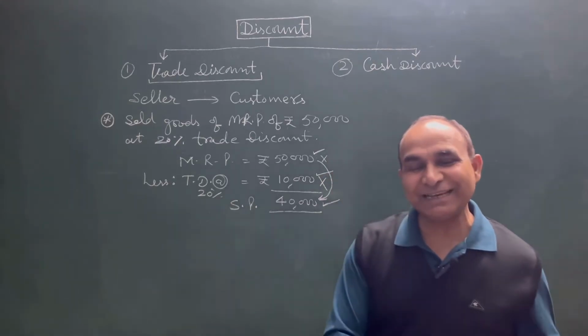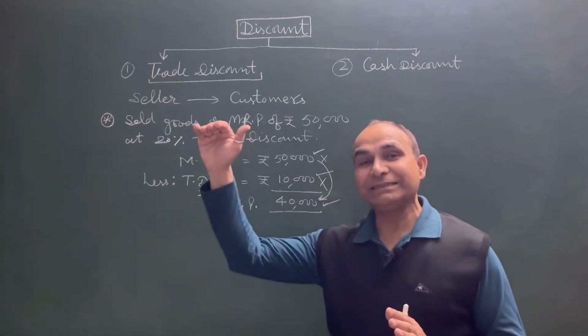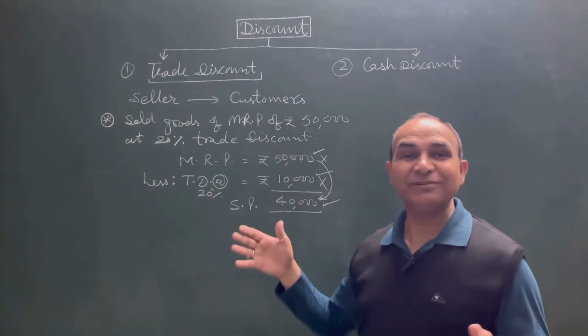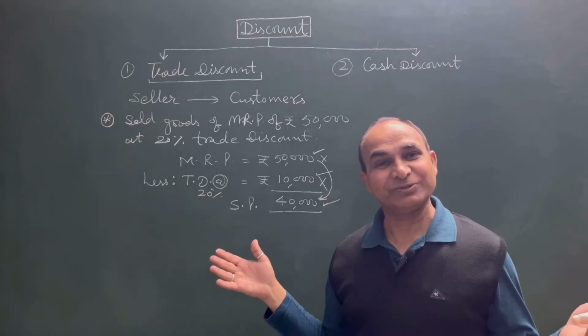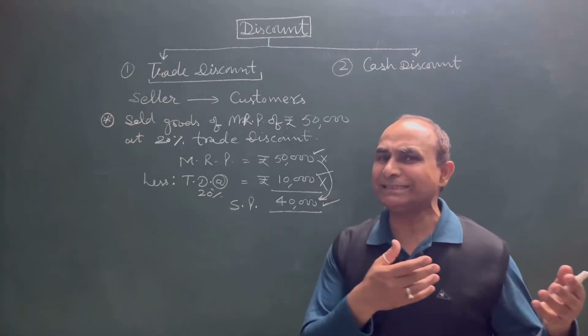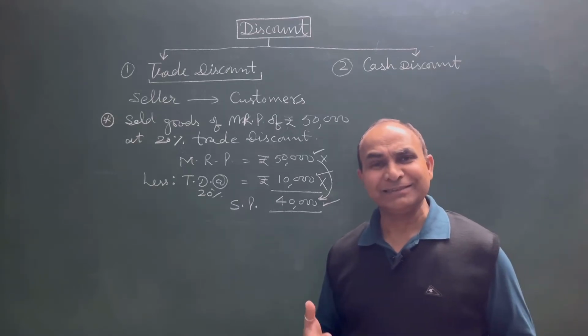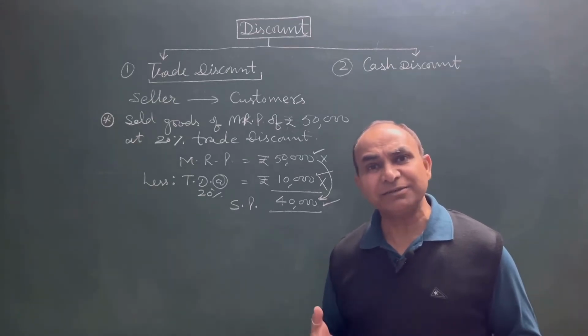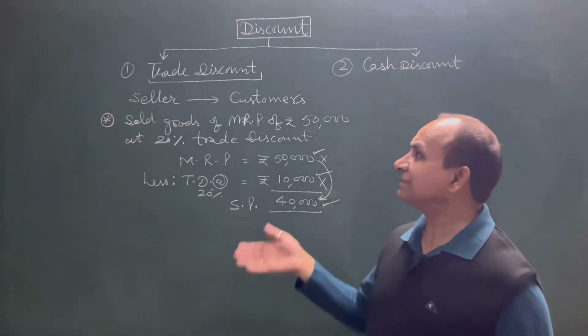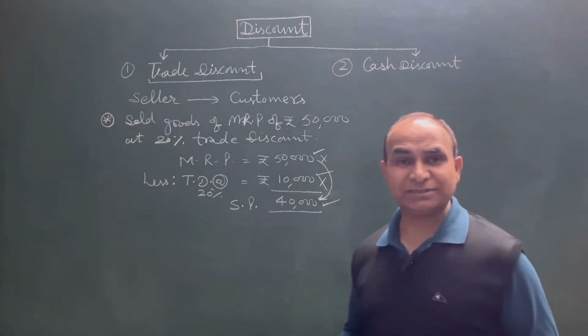Firstly, deliberately the price is increased and then it is decreased by the name of trade discount, so that the customer is also satisfied, the product is easily sold, and the seller earns the profit which they want to earn. So this is the game of trade discount itself.